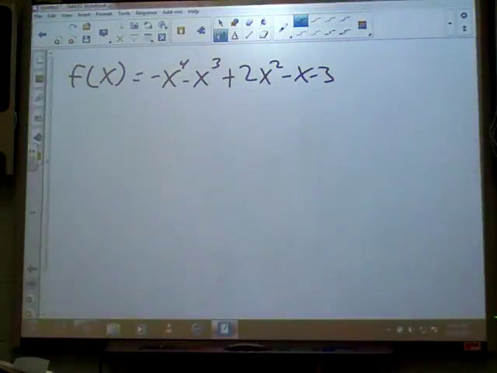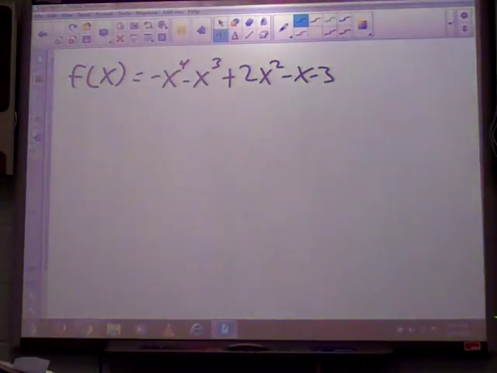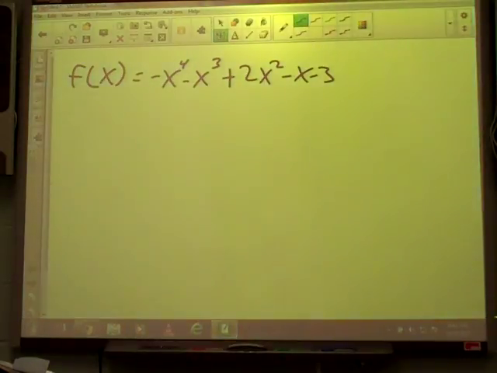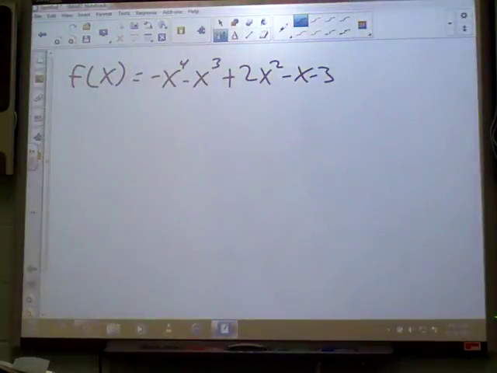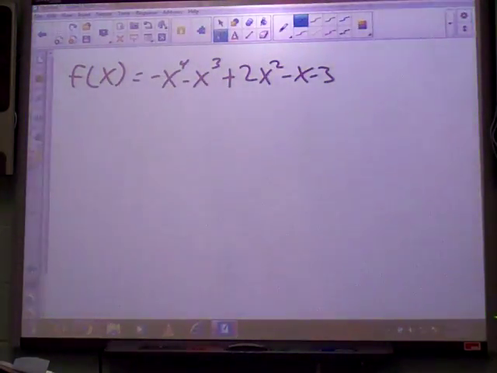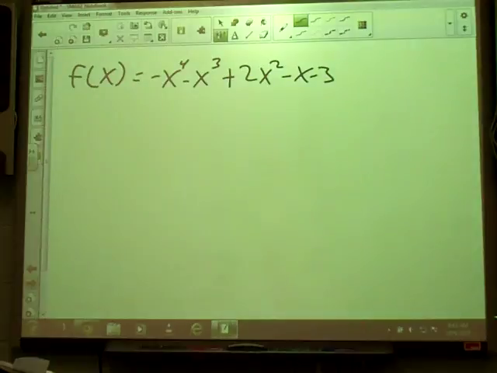How do you go back to your graph? Hit graph. How do I go back to what I'm plugging in? Hit y equals. Alright, negative x to the 4th, negative x cubed, plus 2x squared, minus x, minus 3.